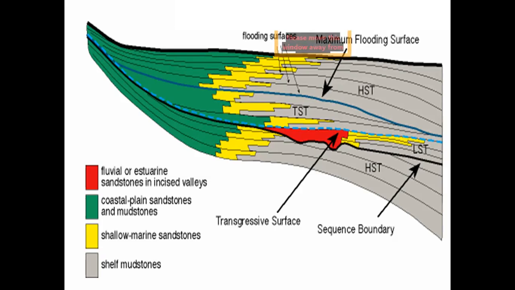And you can see the depositional pattern of the sediments here. In the transgressive system tract, sea level is gradually increasing, but at the maximum flooding surface it is the peak, and then it starts to fall again.